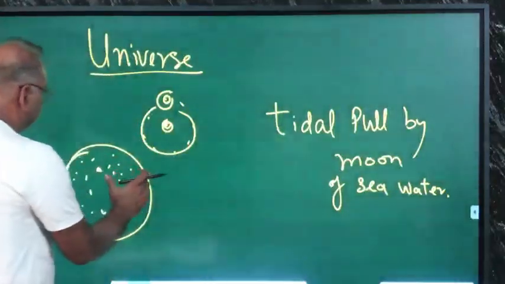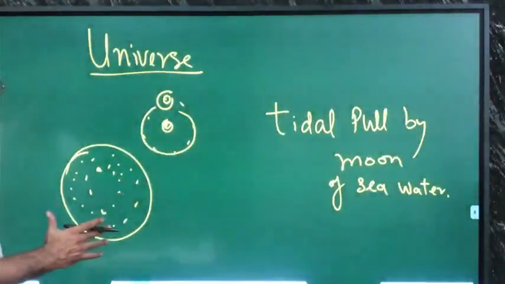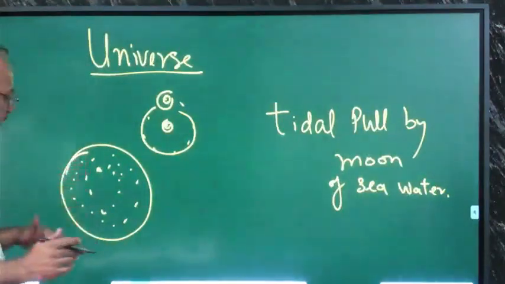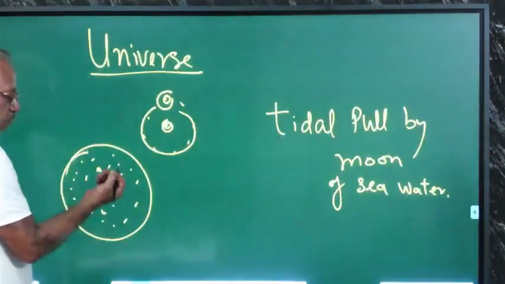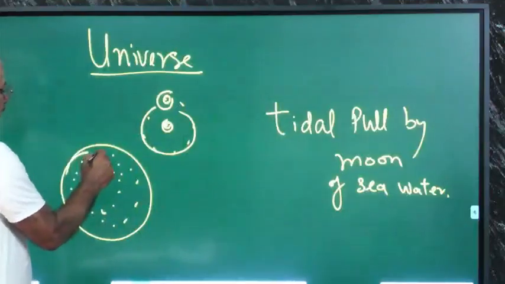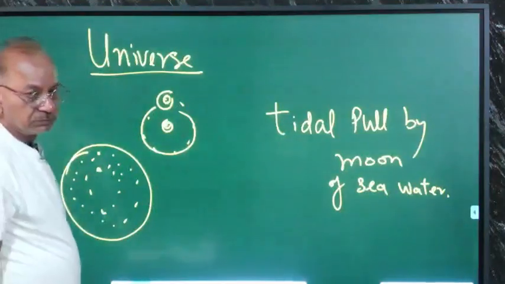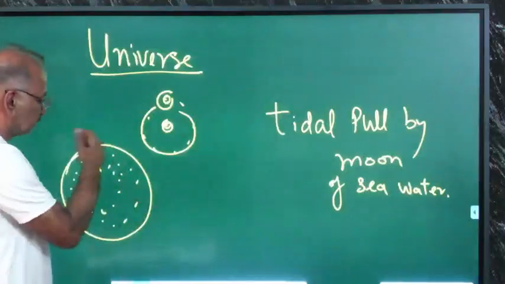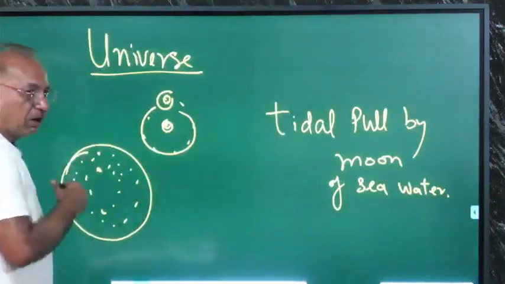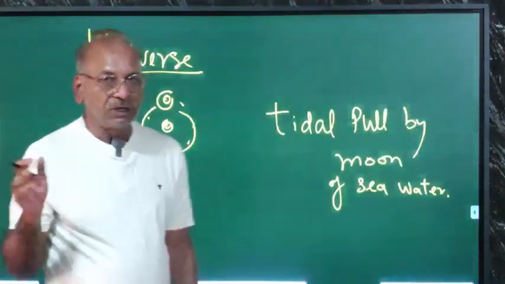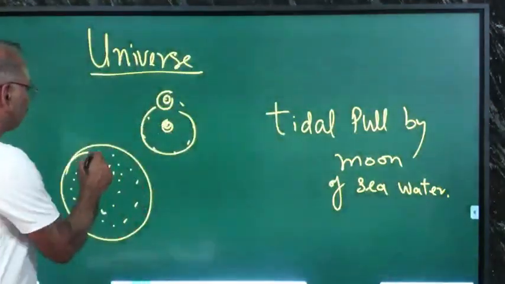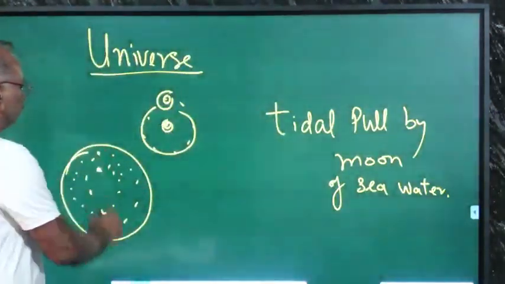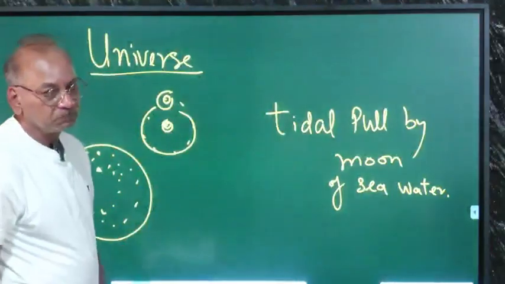Suppose this is a big piece of rock, बड़ी सी चट्टान है. You can consider there are small granules. This rock consists of thousands and millions and trillions of small particles.